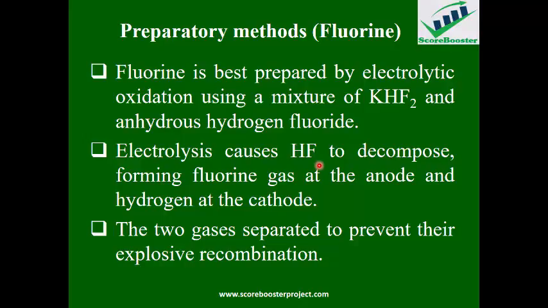We just use inert graphite electrodes for the anode and cathode. Then we set up our electrolytic cell. At the anode, we are going to have our fluorine because of the decomposition of the electrolyte, and hydrogen at the cathode.